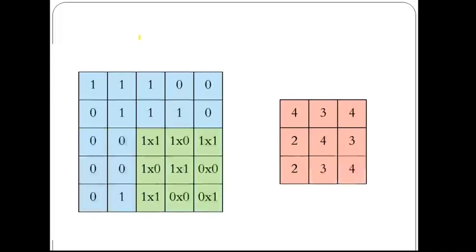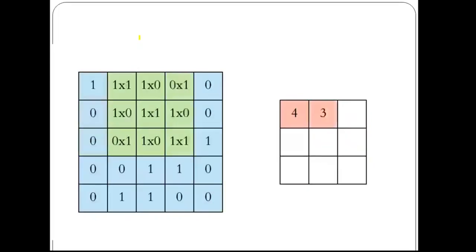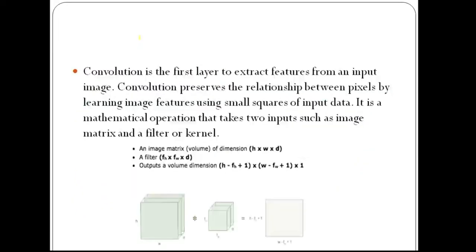Now we will move to how the size is calculated for the output value. Here we can see that the height and the width of the input image is H by W, and the depth we are not working with.